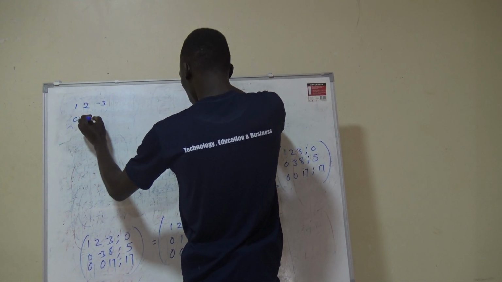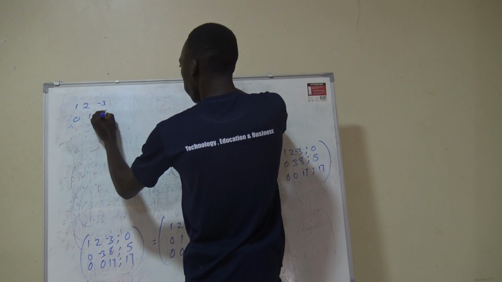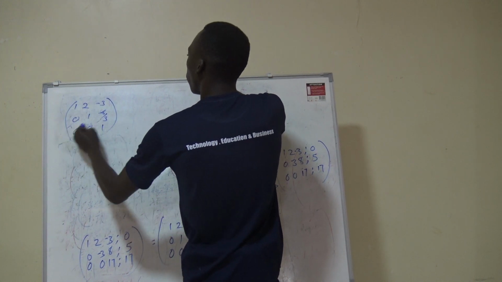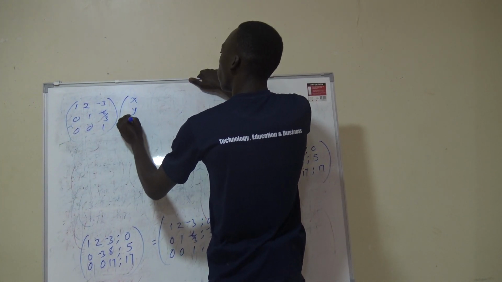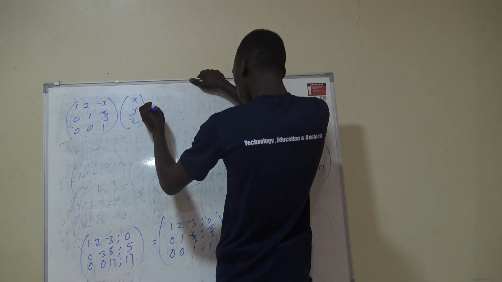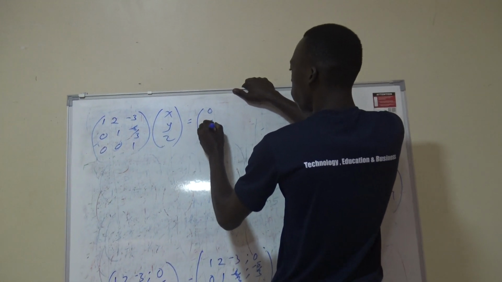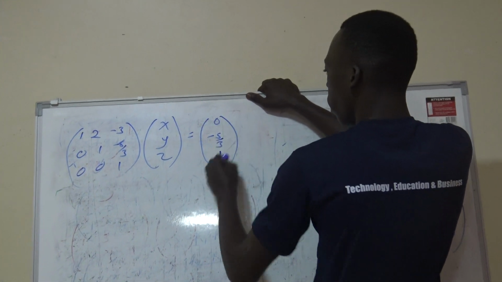This is 0, 1, negative 8 out of 3. This is 0, 0, 1. So multiply it with x, y, and z. So this one must give us 0, negative 5 out of 3, then 1.